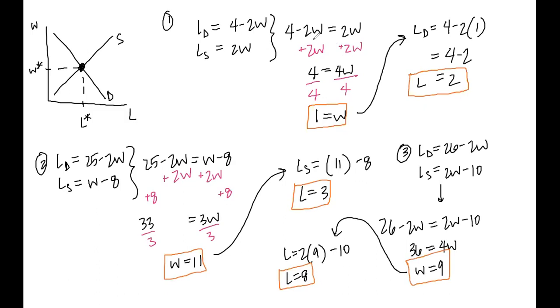Then there is a fourth one, but I'm running out of room, so I'll clear my drawing. So for the last one, number 4, labor demand is 10 minus 3W, and then labor supply is 2W minus 5. We can just set them equal to each other since labor is isolated in both equations.